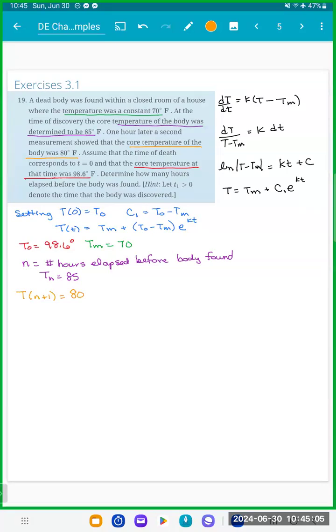Hopefully all of these colorings help us see a little clearer how some of this is determined.